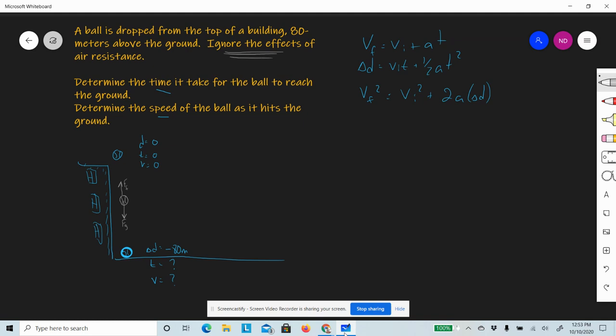So there's only one force acting on it. The acceleration through this whole time is the net force over mass, which is minus 9.8 meters per second squared. That minus means down.